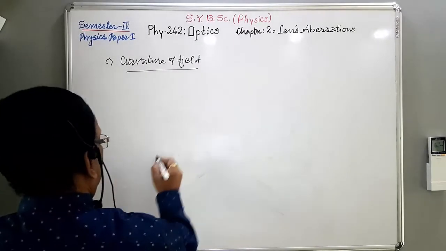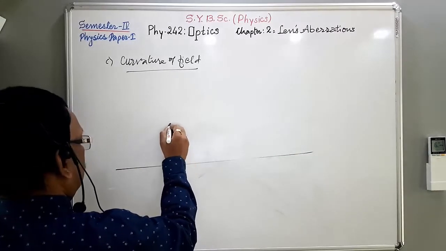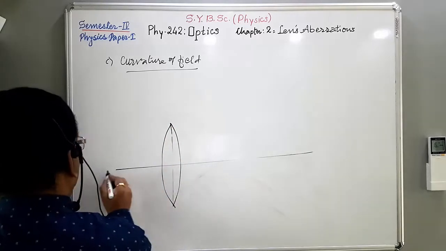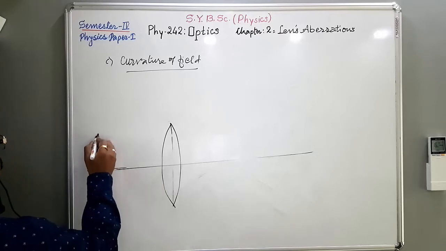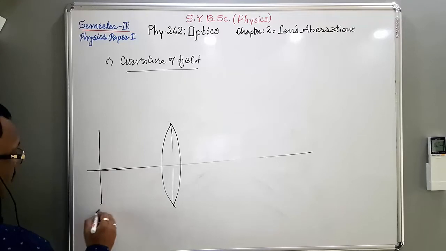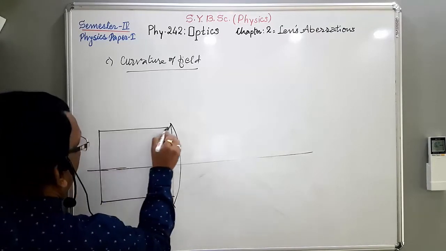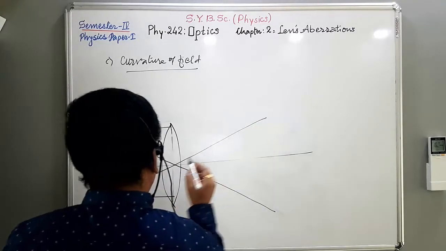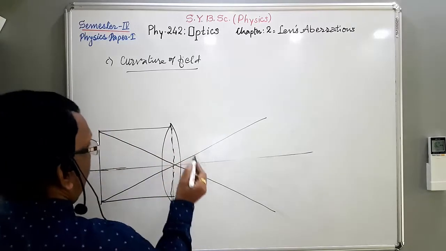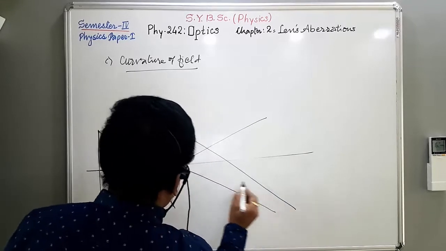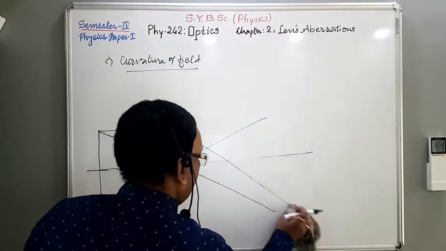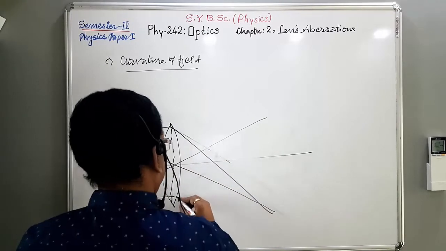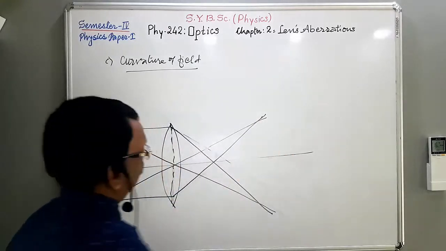See here once again. Now this is the flat extended object.